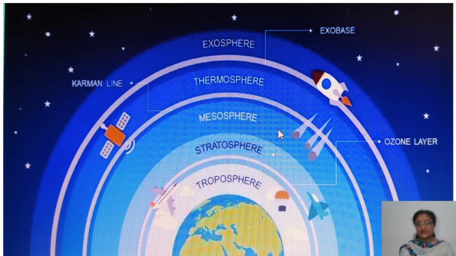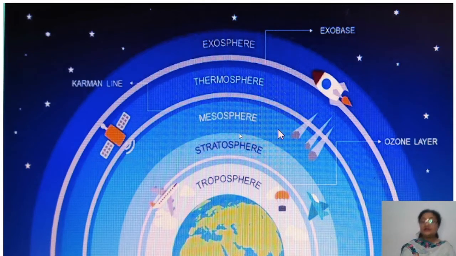In the stratosphere, you will find that the maximum part has a constant temperature condition, right? But in the upper limits, you will find the temperature increases, okay? Almost along the tropopause, the temperature is around minus 60 degrees centigrade. And as we go higher up, till the upper limit of the stratosphere, which is again called the stratopause, right?